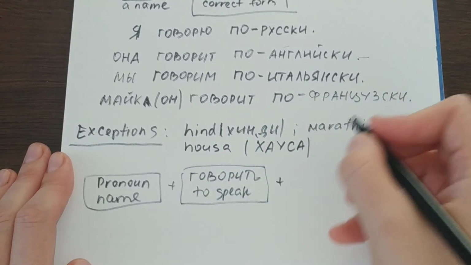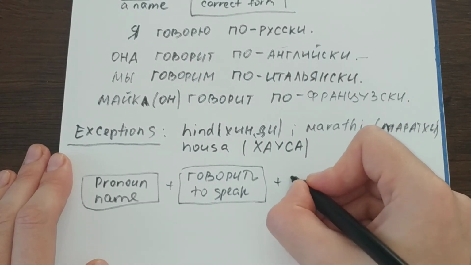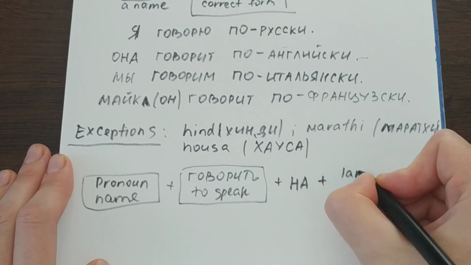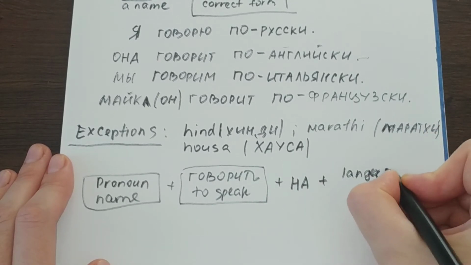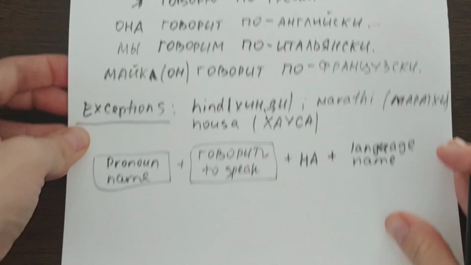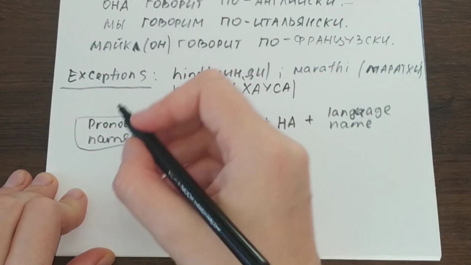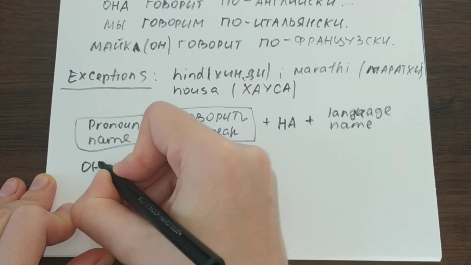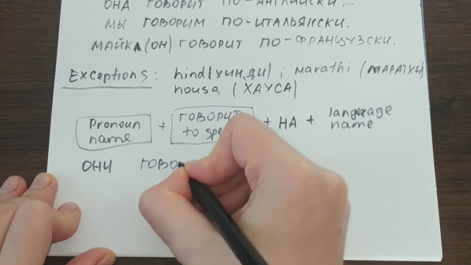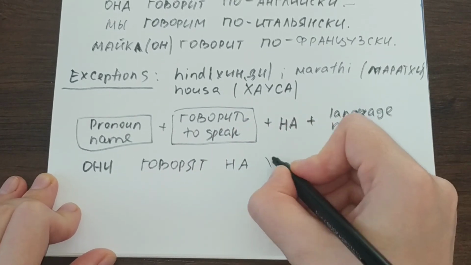And now we have this word, which is a preposition, на, and then the language name without any changes. So let me write you some example. Let's take они, they, они говорят на хинди.